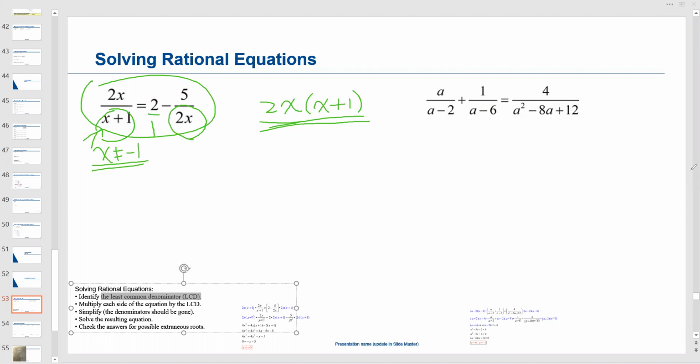All the denominator parts cannot equal 0. So it means x cannot equal 0, x cannot equal negative 1. So this least common denominator will not equal 0.